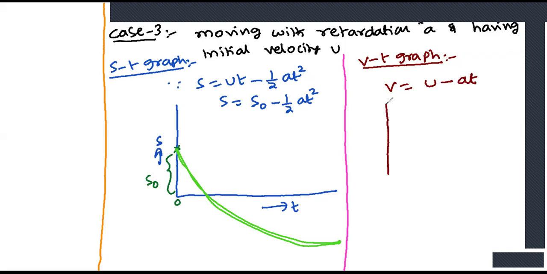On the x-axis it is time and on the y-axis it is velocity. When time t equals 0, we'll have initial velocity u, and then it decreases.